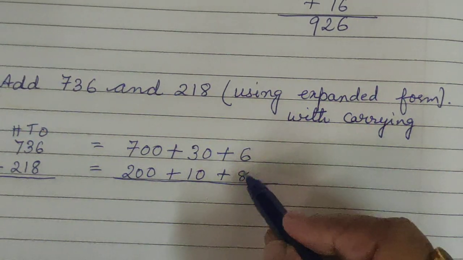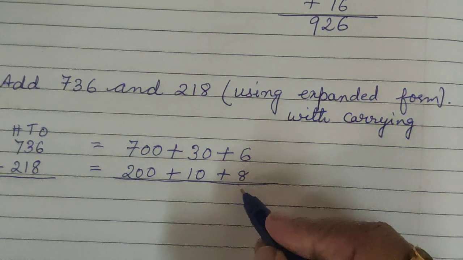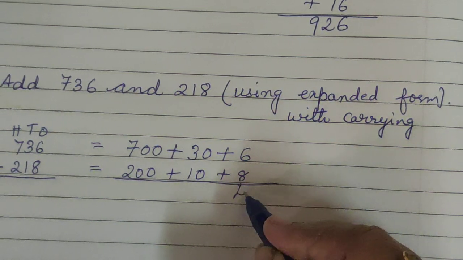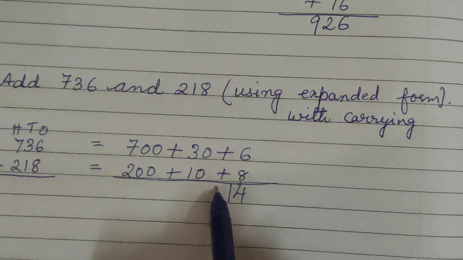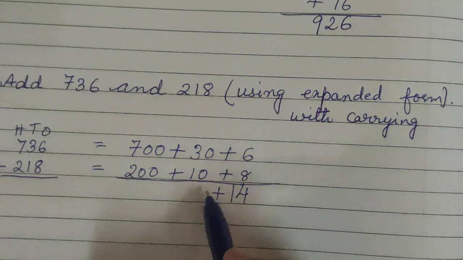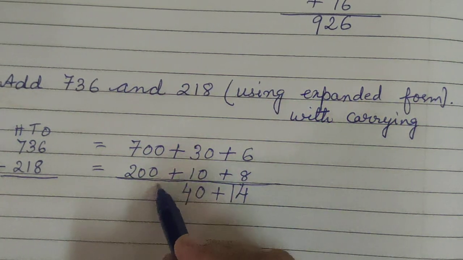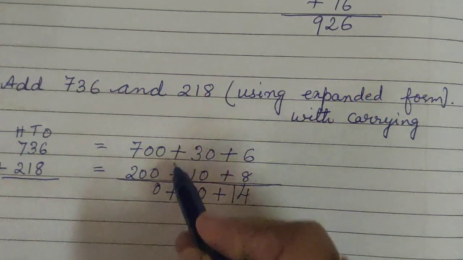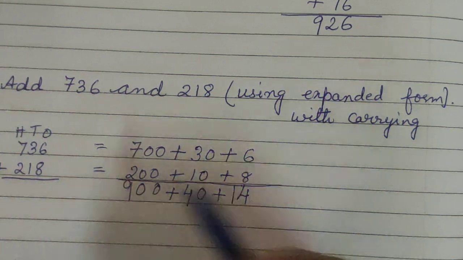So 8 plus 6 how much? How much, children? 14. Okay. Now you have to put the symbol again, plus. Then you have to put 0 0. 3 plus 1, 4. Then 0 0. Put the symbol of plus. 0 9.